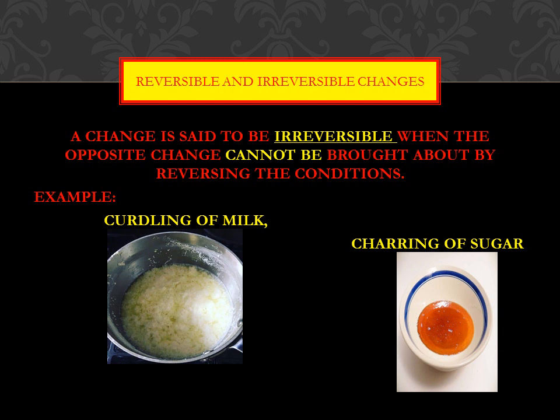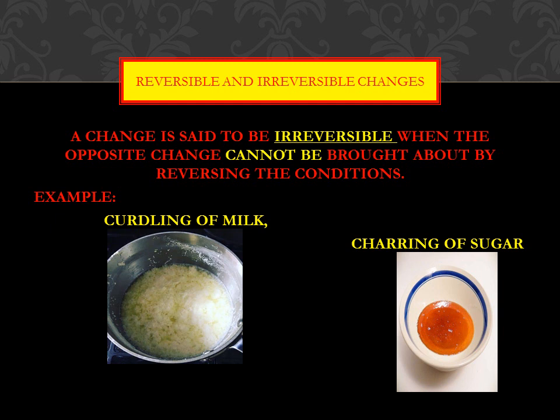For example, curdling of milk. You might have seen that milk can be changed into cottage cheese or paneer by boiling it with some lemon juice added to it. But again, this paneer cannot be converted back into milk. So it's an irreversible change.